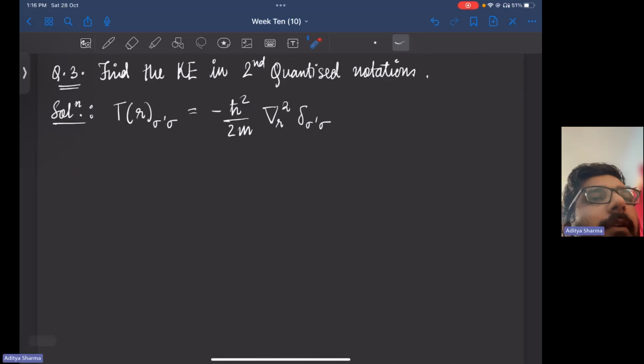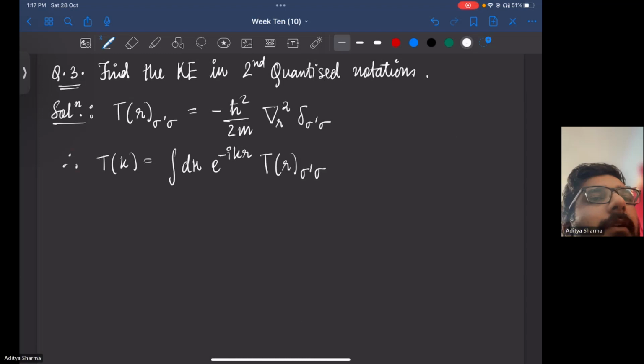That is what we have to do. T k is equal to integral dr e power minus ikr T r sigma prime sigma.